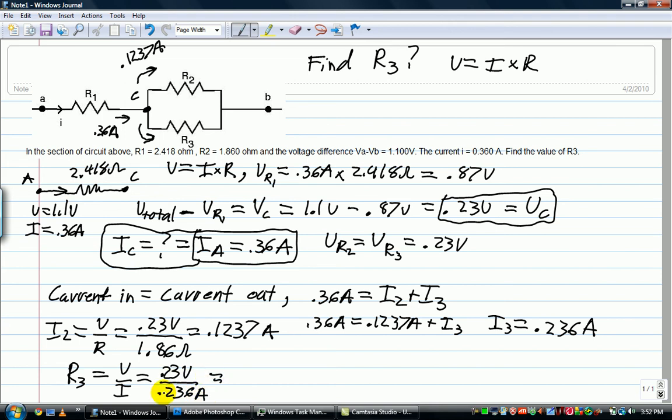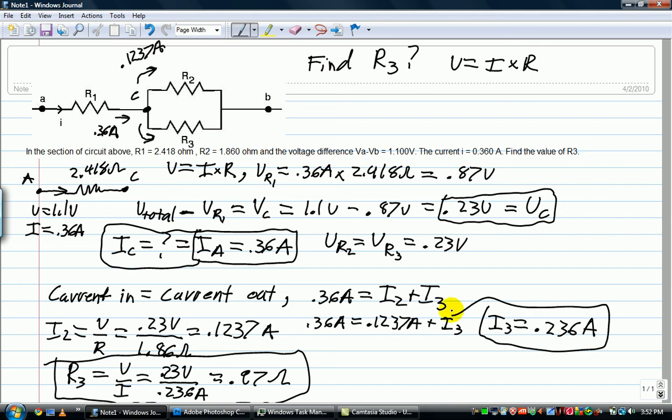As you can see, they're virtually identical, so it's going to be a little bit less than 1. Give me a moment to calculate it. It's going to be, for me at least, 0.97 ohms. And so that's how we found our R3. And here's our current through R3, so I'm pretty sure that's all that the problem asks for.